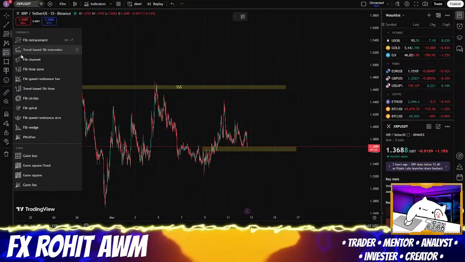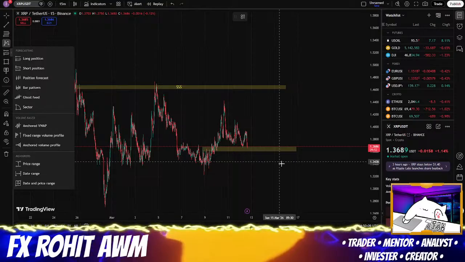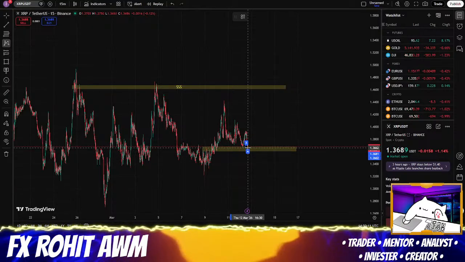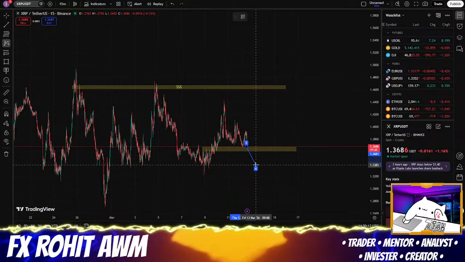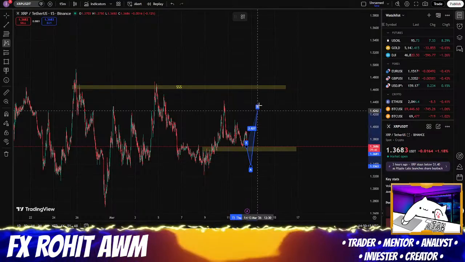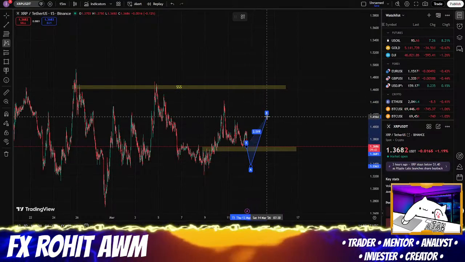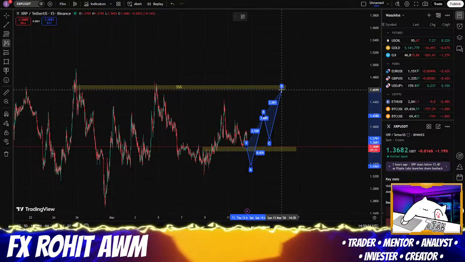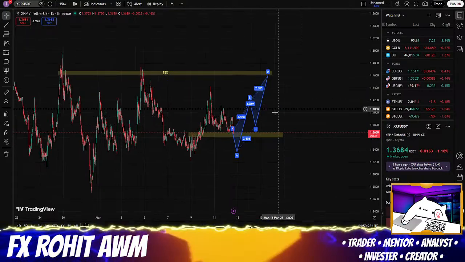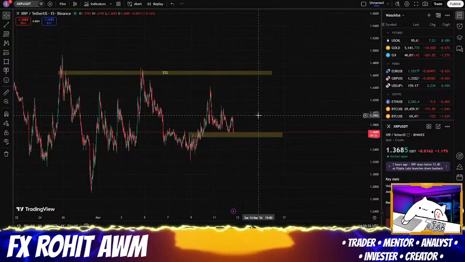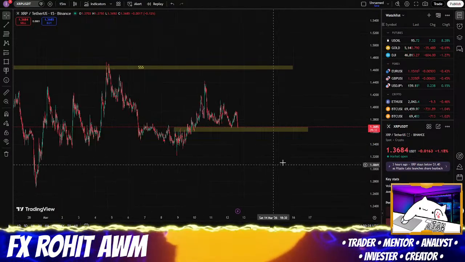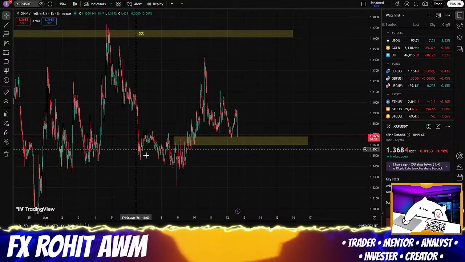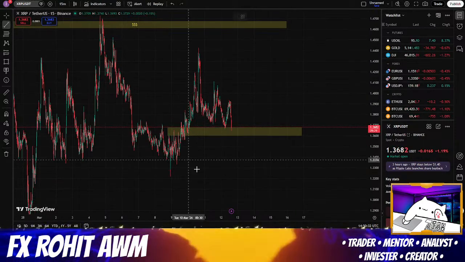So when we get any bullish structure, we can enter that trade, guys. If the market has any bullish structure, that will work.